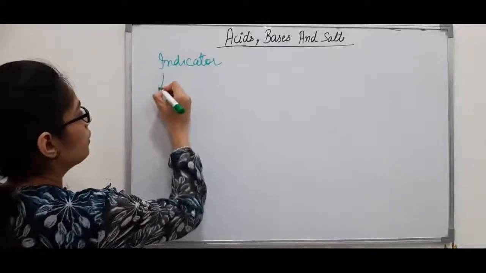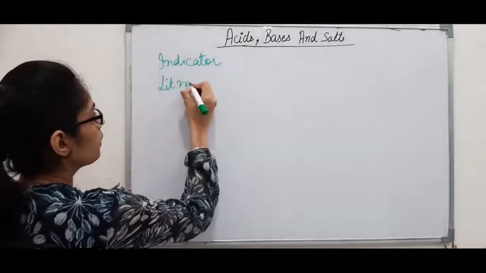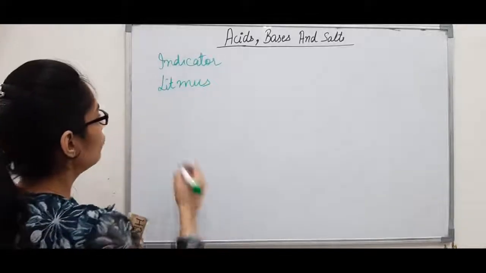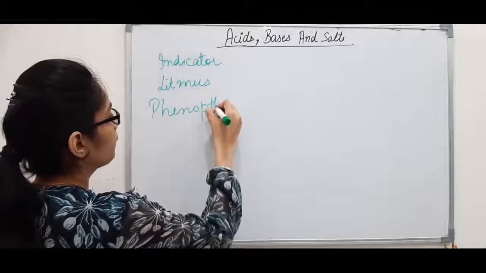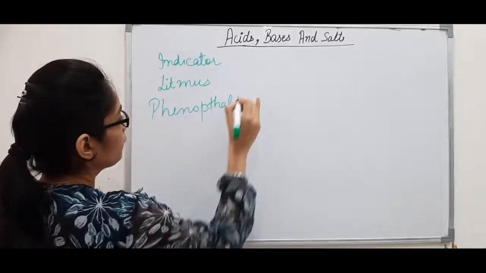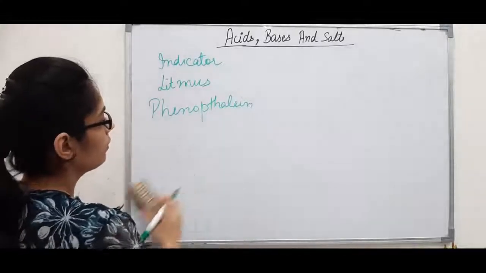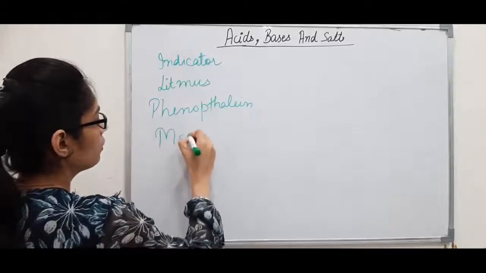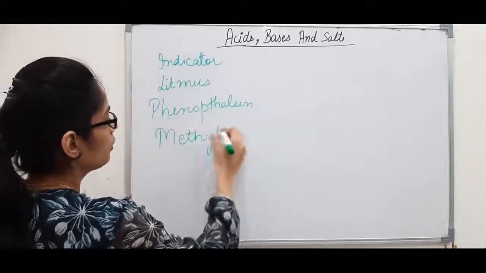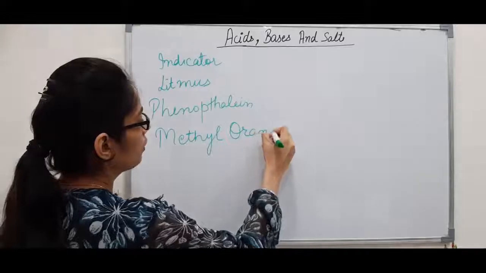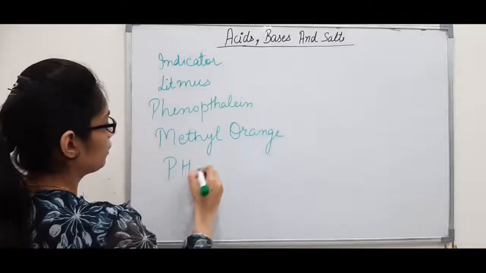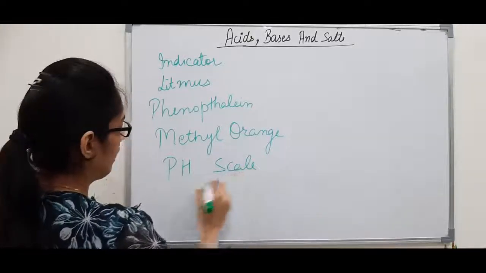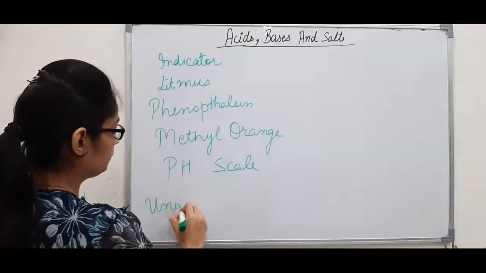Indicators: litmus, then phenolphthalein, then methyl orange, pH scale, and universal indicator.